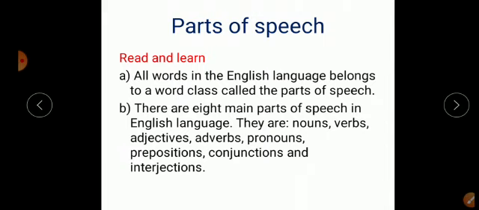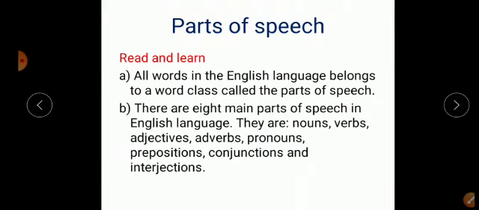Read and learn. All the words in the English language belong to a word class called the parts of speech. There are 8 main parts of speech in English language. Which are they?